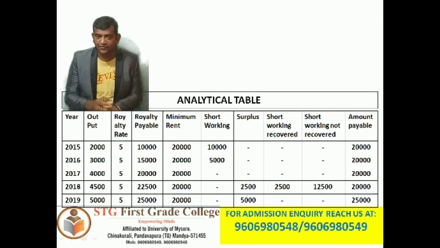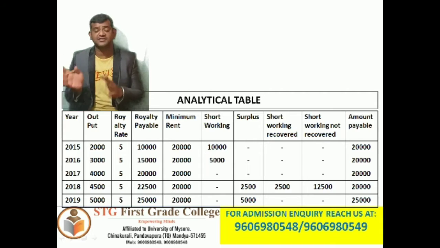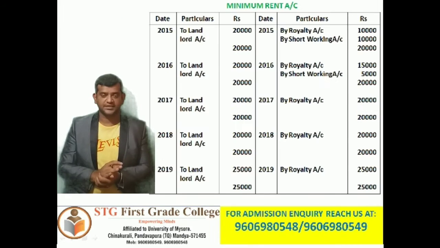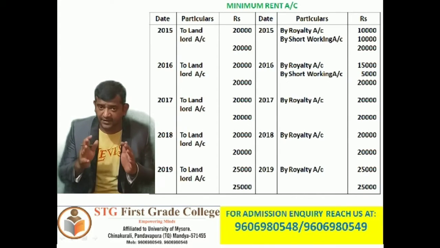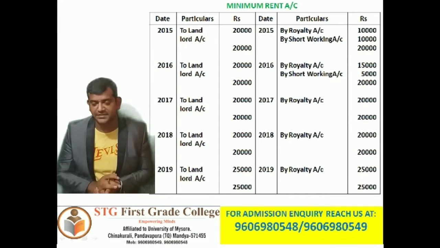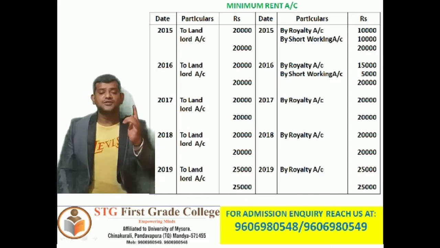From now we are going to directly transfer the amounts to the respective accounts. So let us open a minimum rent account. In the year 2015, on the debit side, to landlord account 20,000.